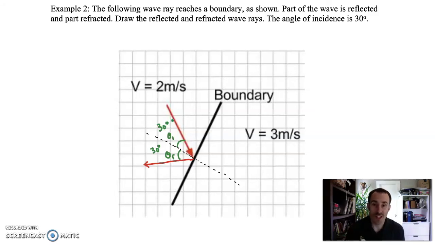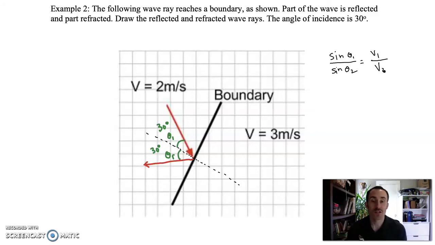Then we're supposed to figure out what is the angle of refraction. So that's going to be in here somewhere, but we don't know exactly where. But we can figure it out. So we know that sine of theta 1 over sine of theta 2 is equal to v1 over v2.